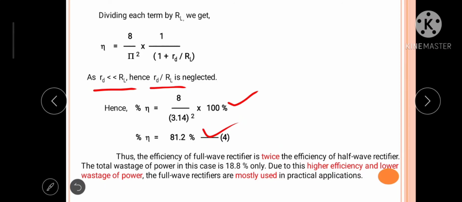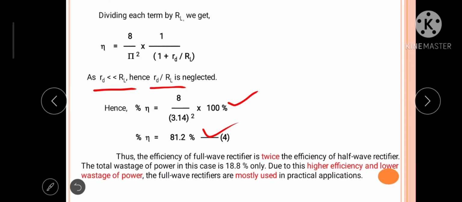Thus, the efficiency of full wave rectifier is twice the efficiency of half wave rectifier, because the efficiency of half wave rectifier is exactly half of this value. Actually, it is 40.6% in case of half wave rectifier, and in this case of full wave rectifier, it comes to be 81.2%.